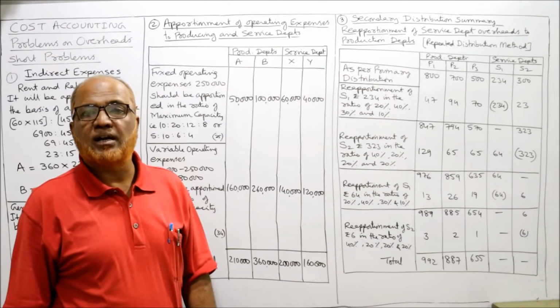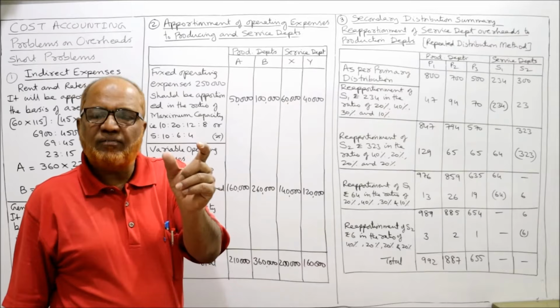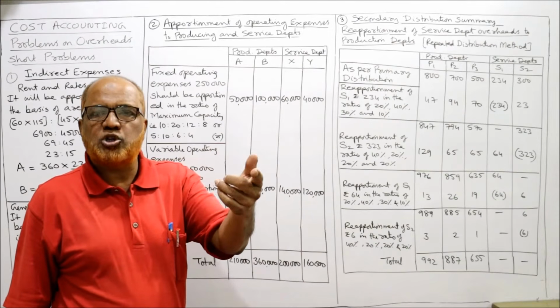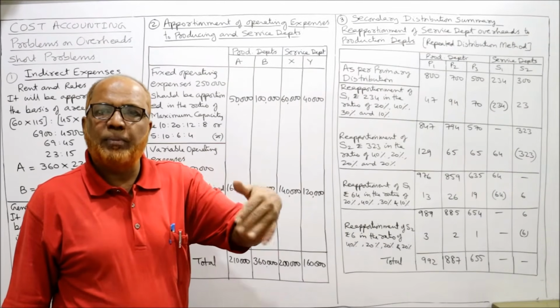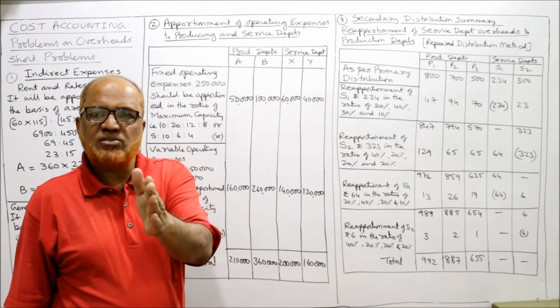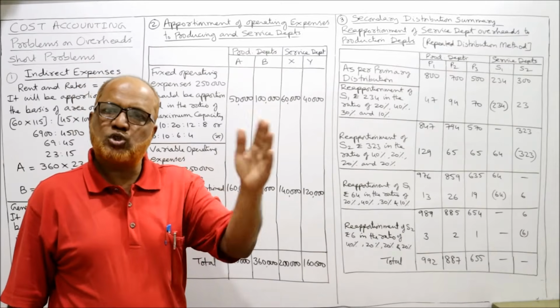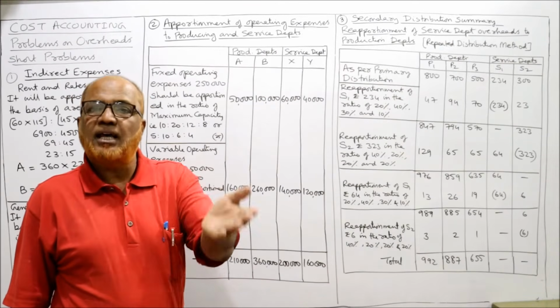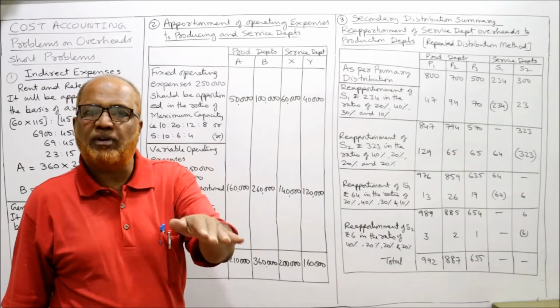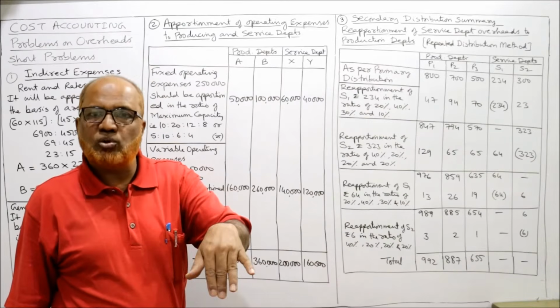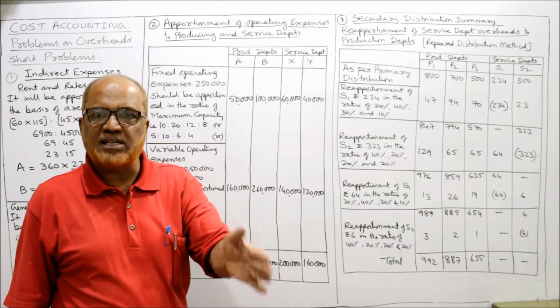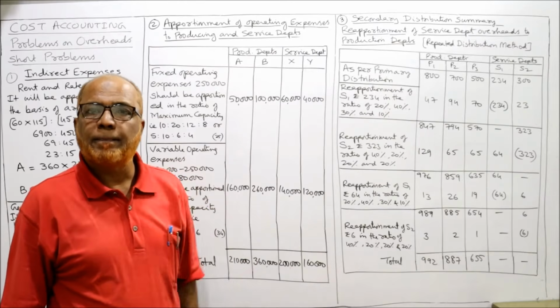According to repeated distribution method. Name itself is clear. Repeated distribution method. Continuously you have to repeat. First S1 will give service to P1, P2, P3 and S2. Then S2 will give the service to P1, P2, P3 and S1. Then again S1 will give the service to P1, P2, P3 and S2. Then S2 will give the service to P1, P2, P3 and S1. Like that, repeat it continuously.